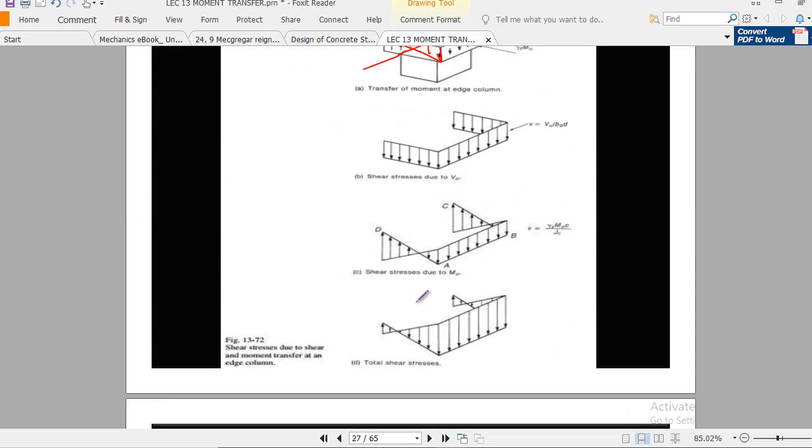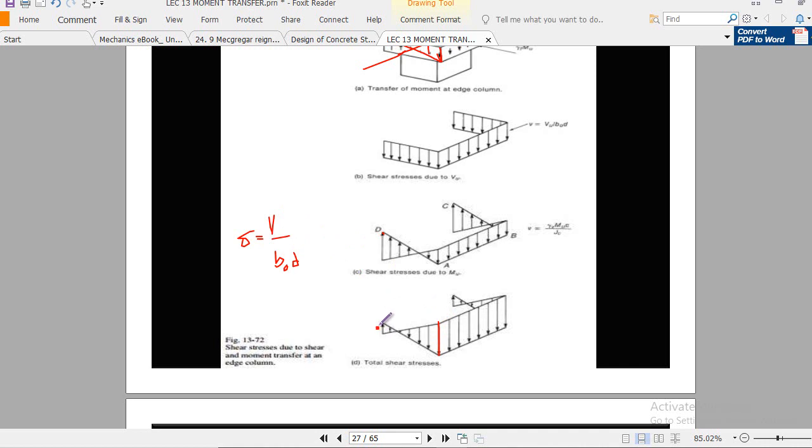Now shear stress distribution will look like this: here it is maximum and here it is minimum. Now you add these two, and you get the net shear distribution in this pattern. We will use the basic formula by adding this effect, that is Vu divided by b naught into d.